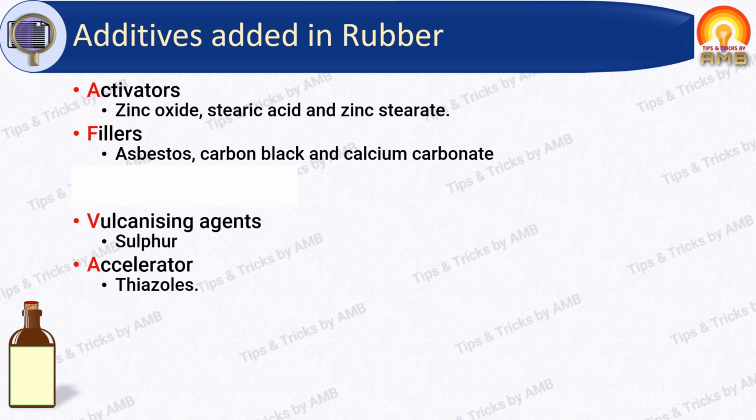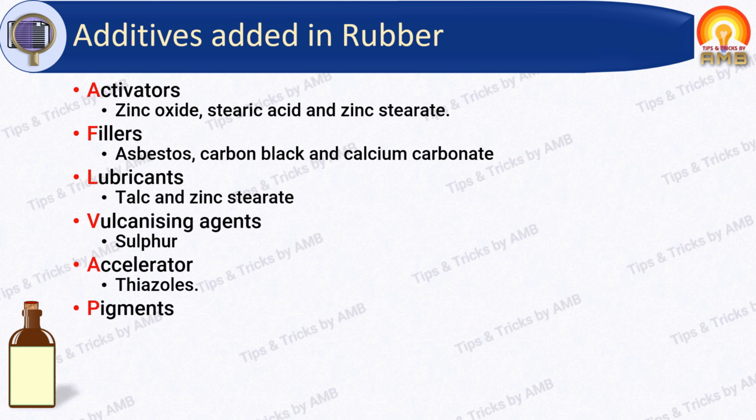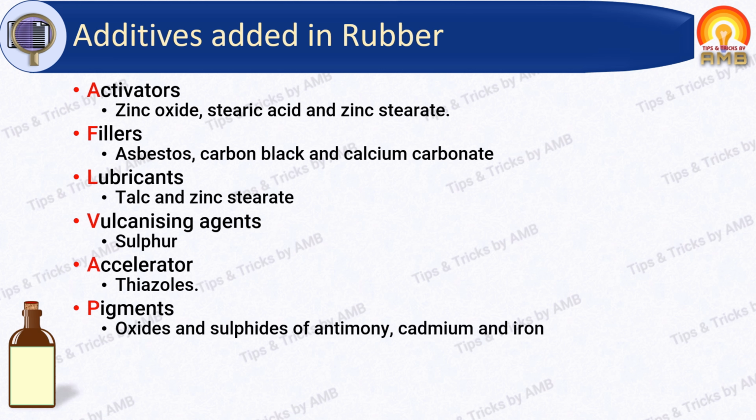The next additive is lubricants such as talc and zinc stearate. Another additive is pigments like oxides and sulfides of antimony, cadmium, and iron. And the last one is softeners like mineral oils and pine oil.